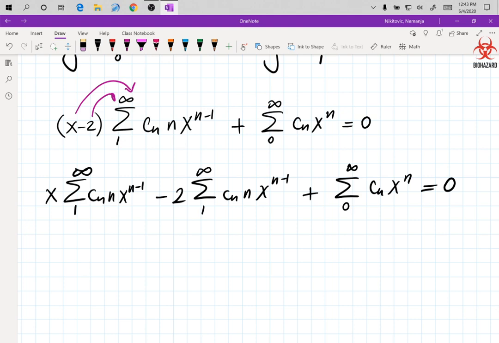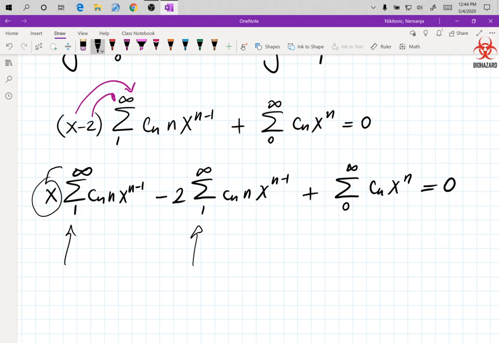So let's go and deal with this. So I go with shifting the counter. Now, I need to shift these guys to 0 and see where is that going to take me. But hold on a second.